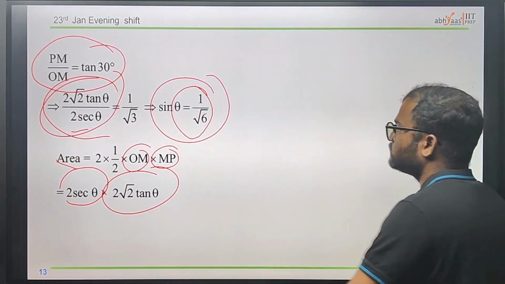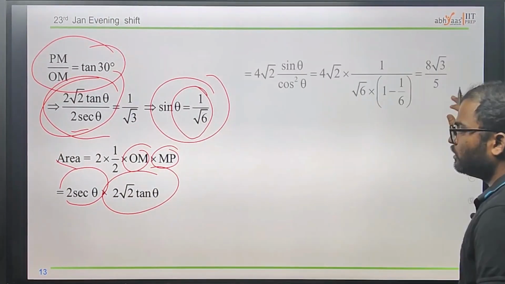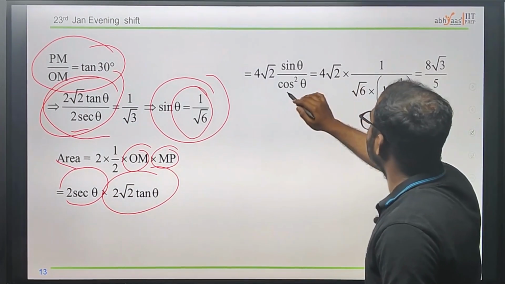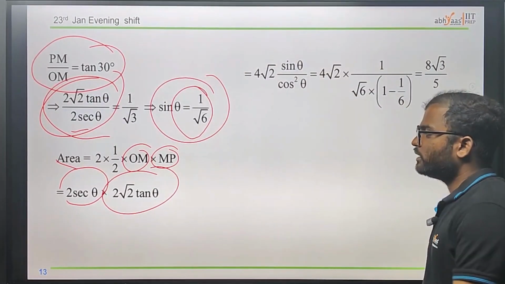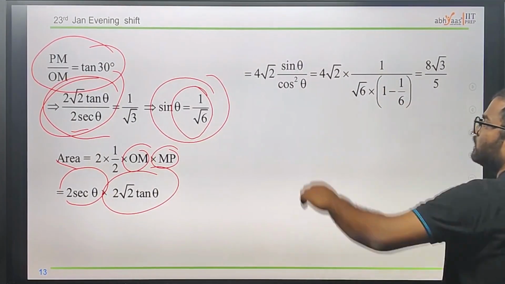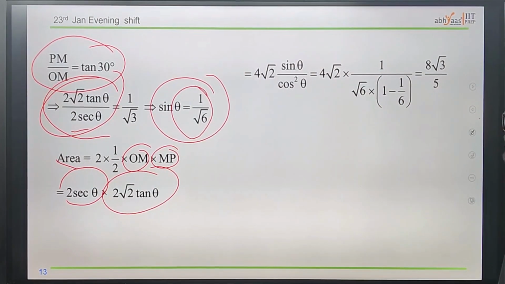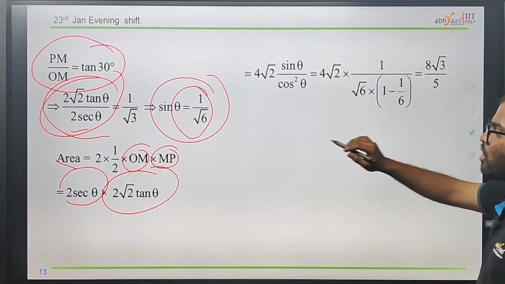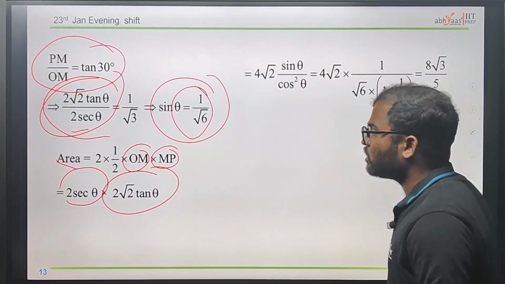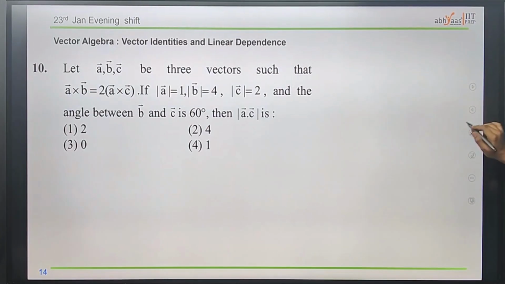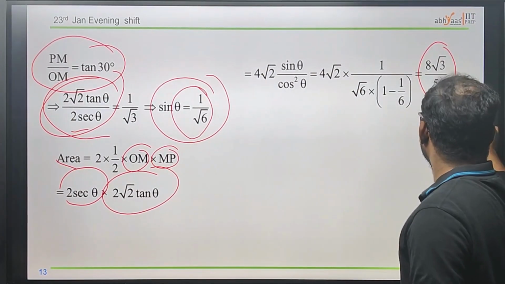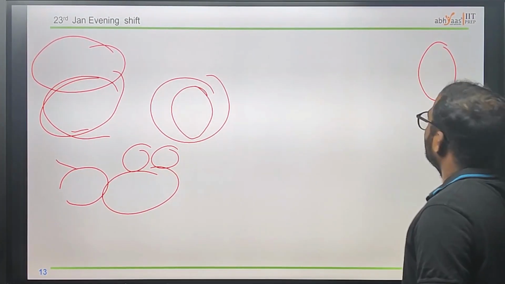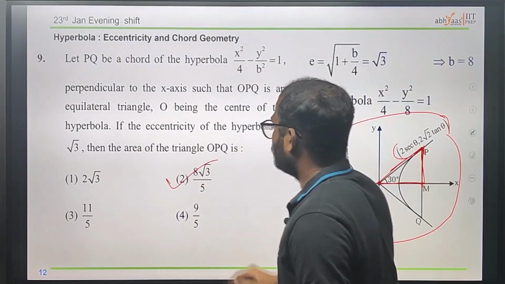We just substitute sin theta here. Secant theta is 1 by cos theta, and tan theta can be written as sin theta by cos theta. Since we have already found sin theta, we can easily find cos theta as well. Substituting those values we have 8 root 3 divided by 5, which makes 2 the answer.